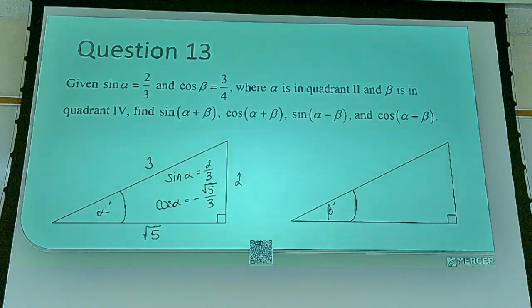Beta is located in quadrant 4, meaning cosine of beta prime is cosine of beta. Adjacent over hypotenuse. What's the value of the missing leg?